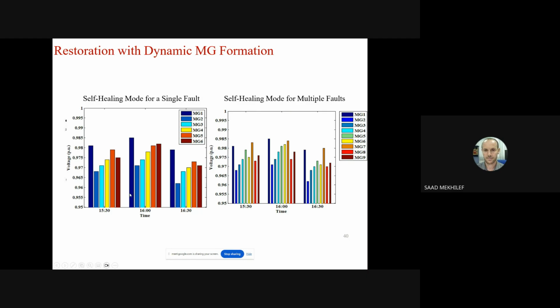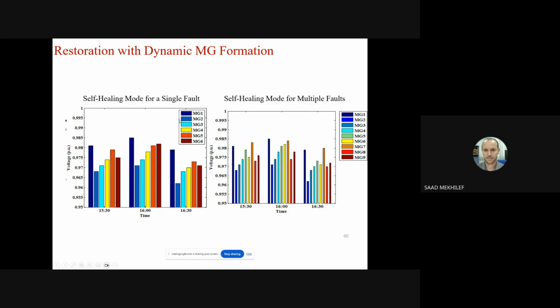So this is an example where there is a fault: self-healing mode for a single fault. If you look here, a fault happens at a certain point in time, and you can see some of the microgrids disappear.